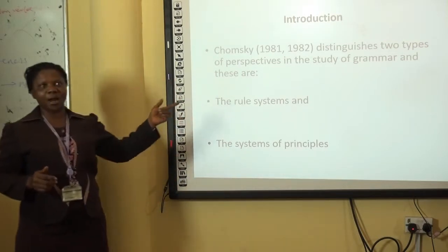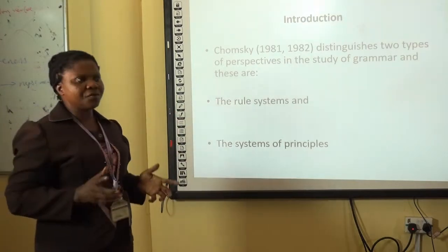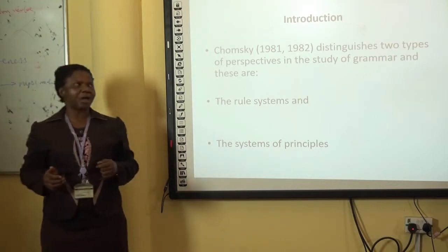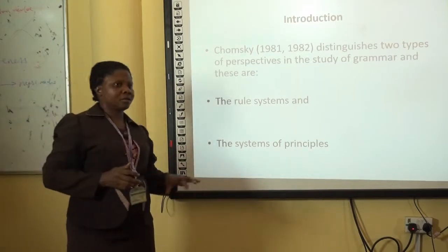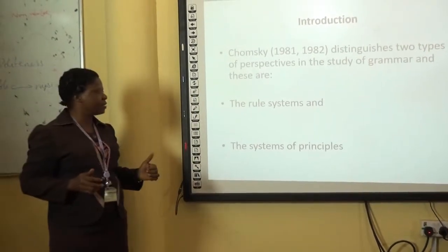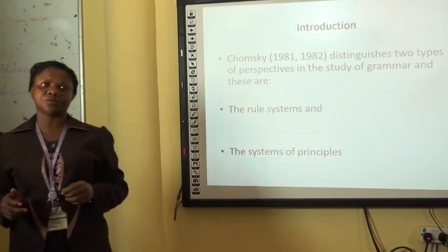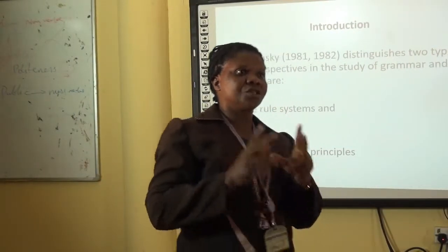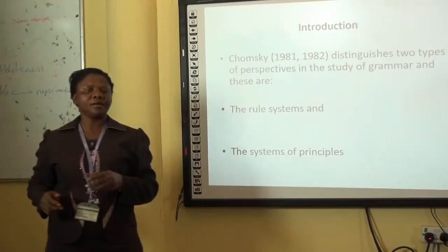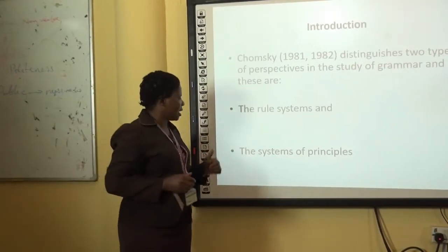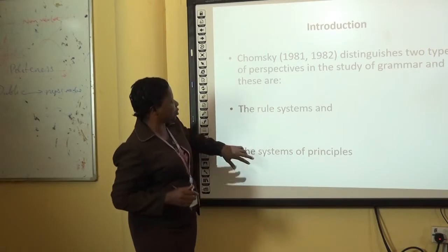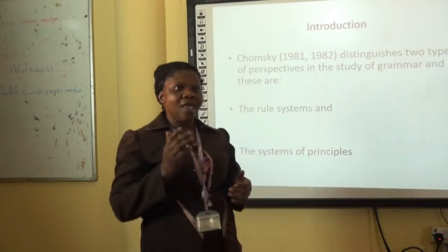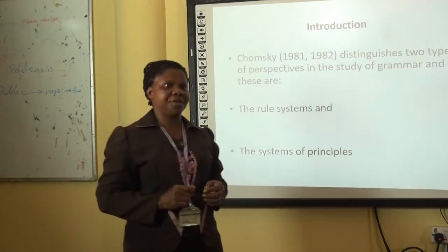Chomsky, 1981 and 82, distinguishes two types of perspective in the study of grammar. These are the rule systems and the systems of principles. How many types? Two. Don't forget that our topic is what? Xbar theory.